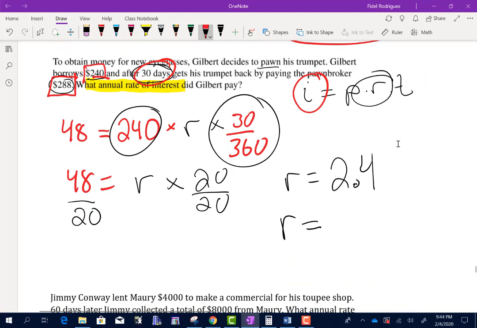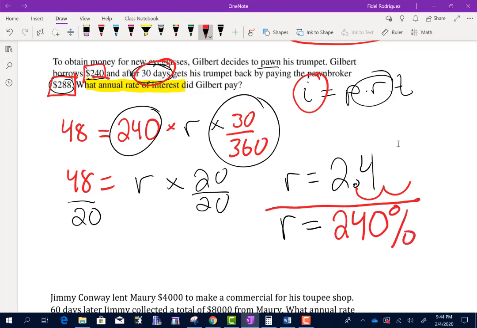If we move this decimal point 2 spaces to the right, look at the interest rate we're coming up with. 240%. 240% is a massive interest rate. A massive interest rate to pay. So 240%, just to give it to you in context.